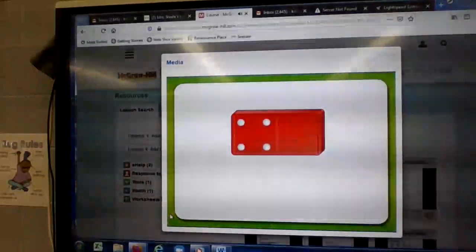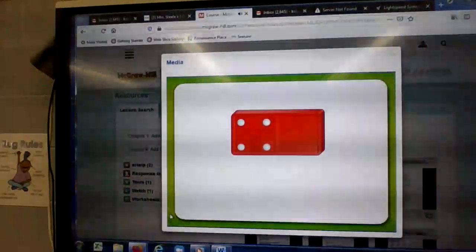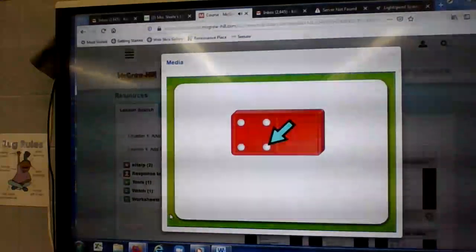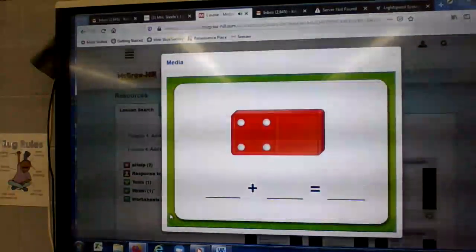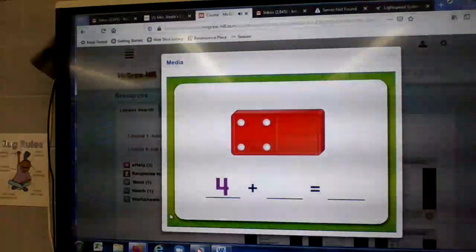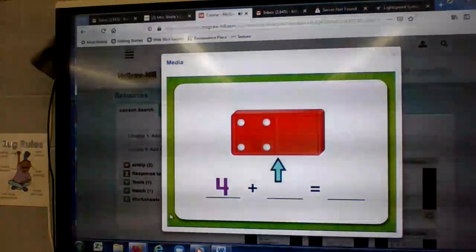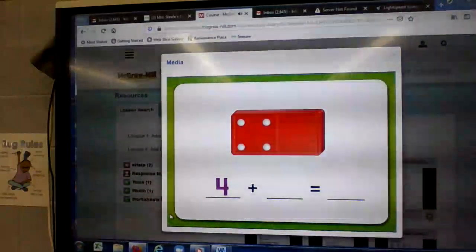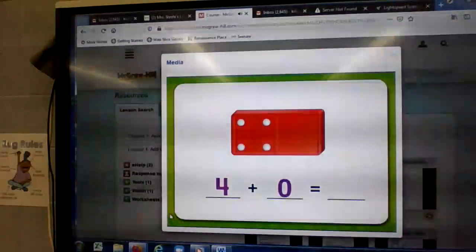Adding 0. We are going to find the sums of number sentences. When we add 0, the sum is the same as the other number. This domino will help us model our addition sentence. How many dots are on the left side of the domino? That's right, 4. Let's write the number 4. How many dots are on the right side of the domino? You're correct, 0. Let's write the number 0.